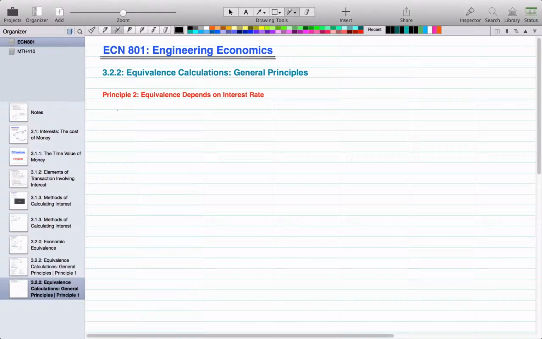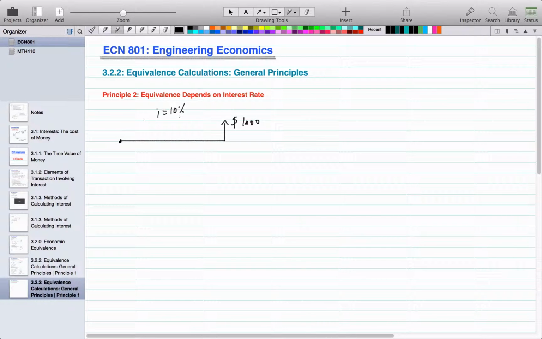The next principle in economic equivalence is called the equivalence depends on interest rate. So what that means is when you have a series of cash flows, for example, this future value of, let's say, $1,000 is equal to some present value right now, and it's because of a certain interest rate being perhaps 10%.